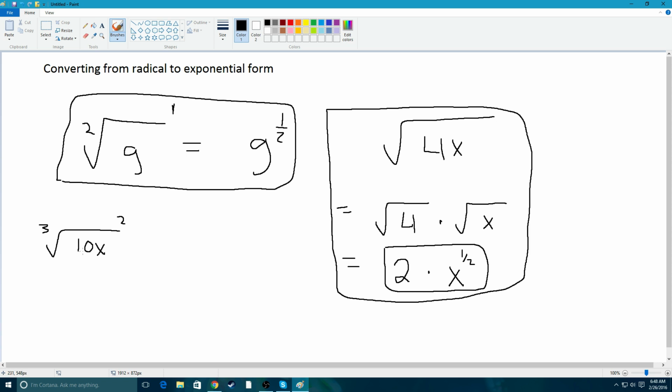Since 10 and x are both underneath the root, that means they have to go together in the parentheses. 10 and x both have to go there because the root affects both of them. And our exponent is the 2. We're taking the third root, and that would be our final answer for converting to that form.